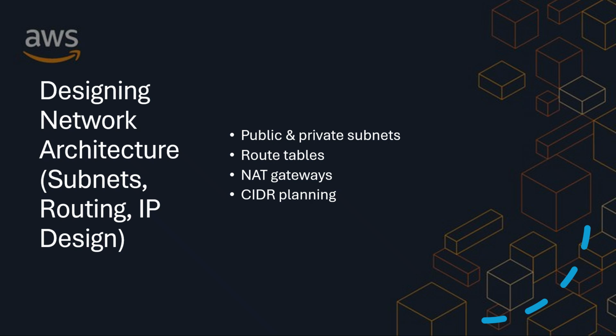IP planning is equally important, that is selecting CIDR ranges with enough IP addresses ensures that the architecture can scale as the traffic grows. Proper network segmentation improves performance, reduces latency bottlenecks, and enhances security.